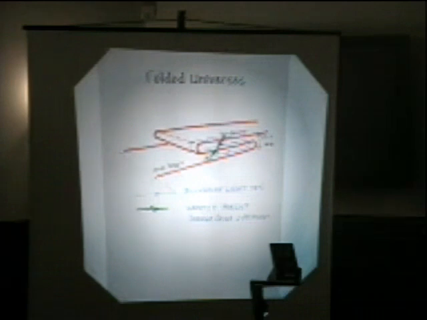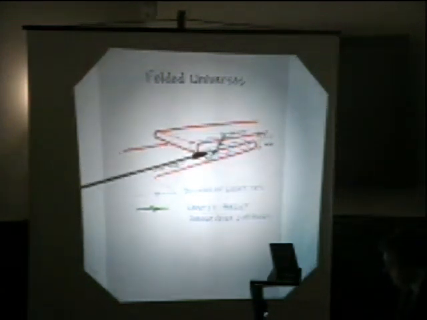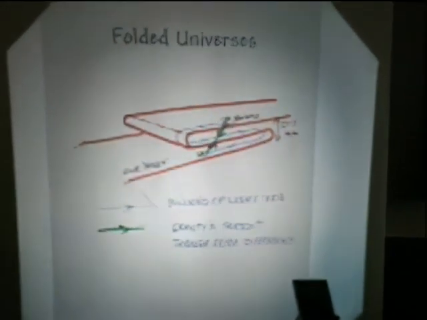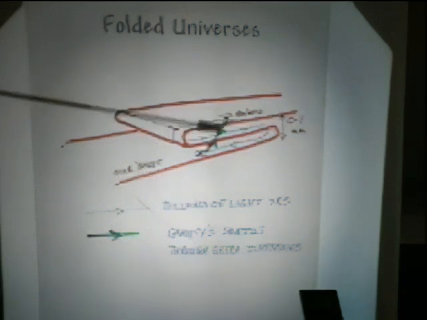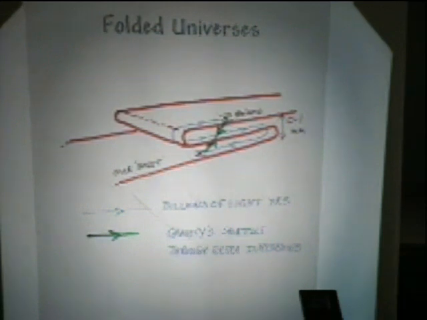What I've drawn here is a provocative little example that astronomers are rather amused by. Suppose you have a world that has this S shape, and we're sitting over here, looking through our telescopes at a galaxy far away in the universe, and we take a photographic image of it.